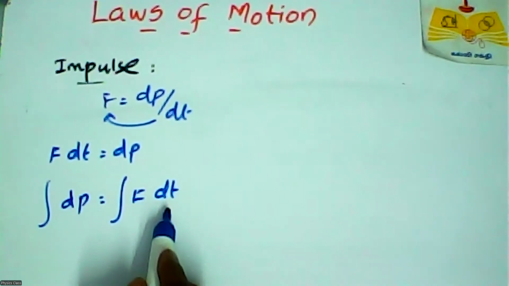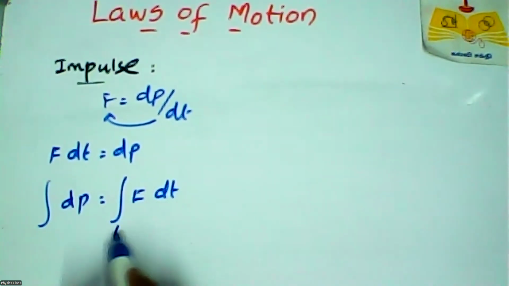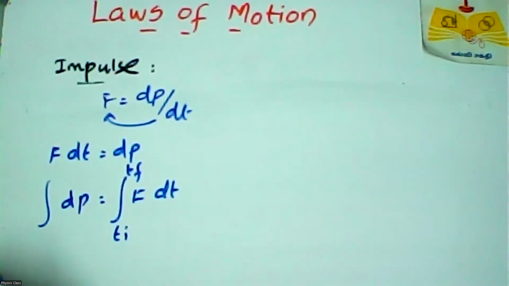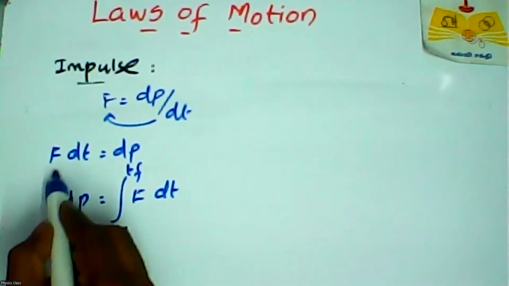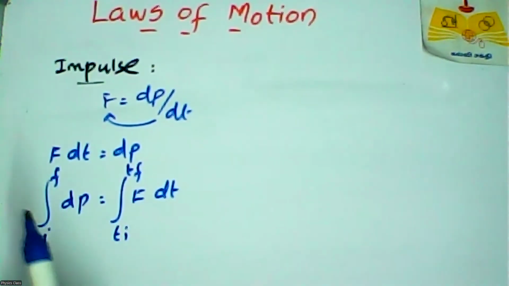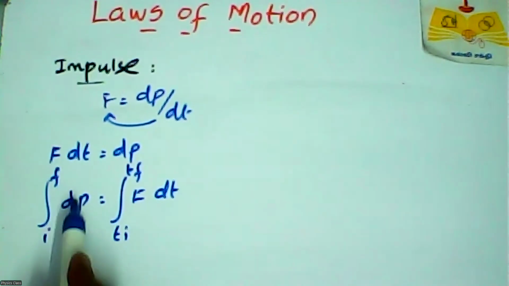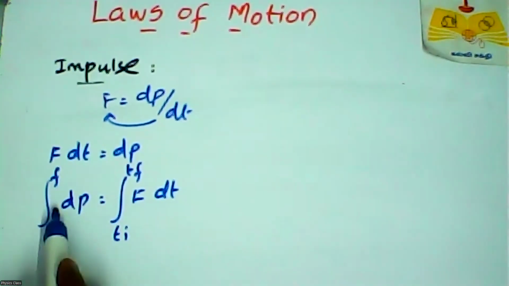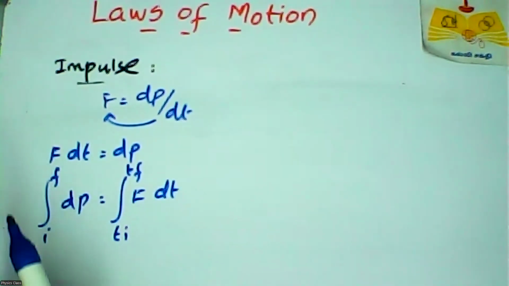So here dt. We have to put change in time here, initial time, final time. Here initial momentum, final momentum. I and f: I means initial, f means final. So integration of dp, integration of dx. Already you know that x.